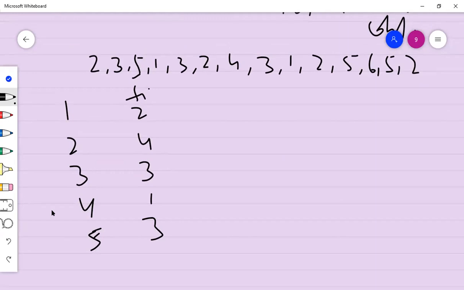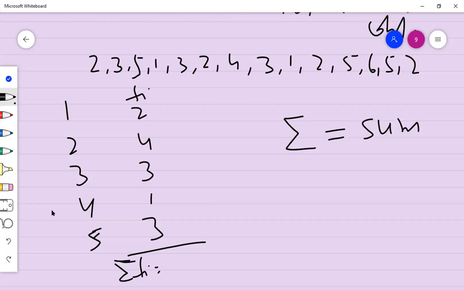So the total of the frequencies is called sigma fi. Sigma means sum. So sigma fi is 2 plus 4, 6 plus 3, 9, 10 plus 3, 13. Okay, 13 numbers were there.